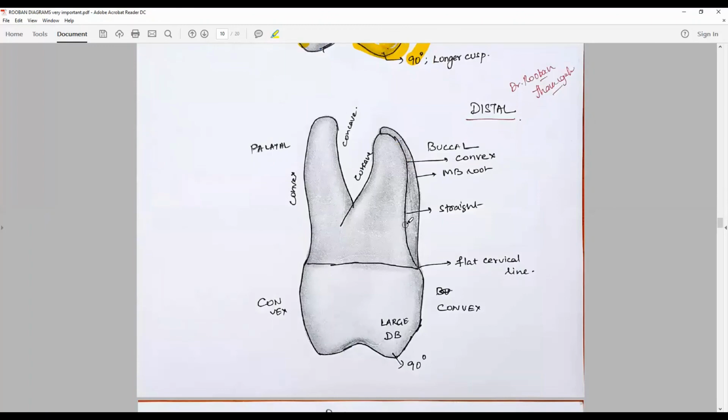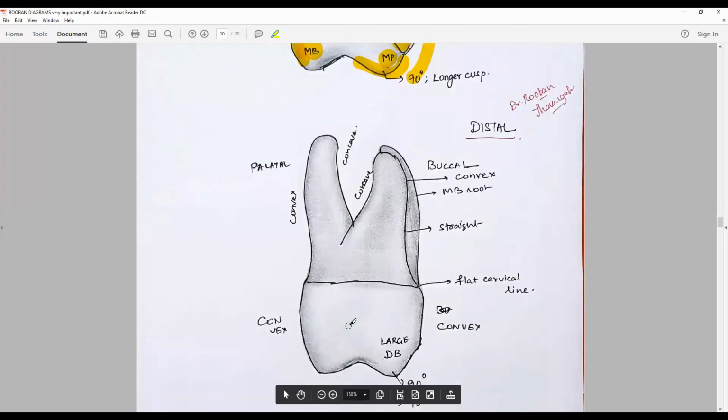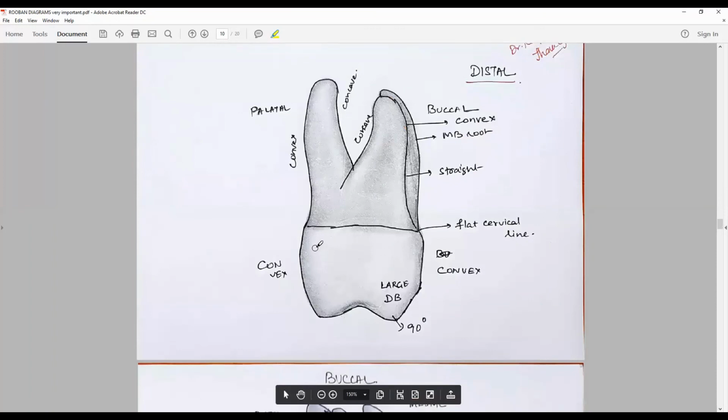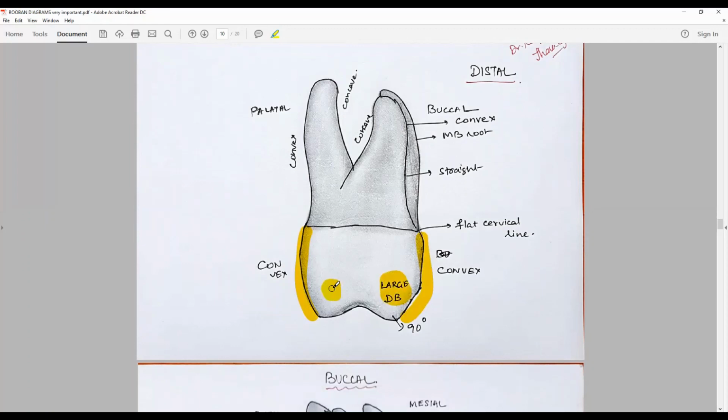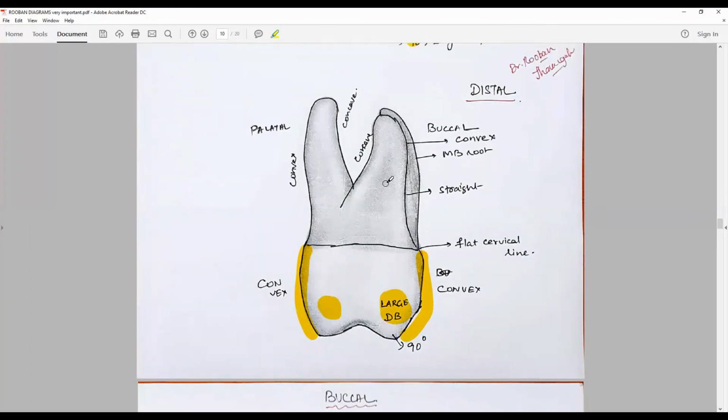Here going on to the distal surface, most of it is repetition. The entire surface, both the outlines of the palatal and buccal, are uniformly convex. We have a large distobuccal cusp and a smaller distopalatal cusp. As compared, the distobuccal cusp is smaller than the mesiobuccal root. Hence, part of the mesiobuccal root is visible.